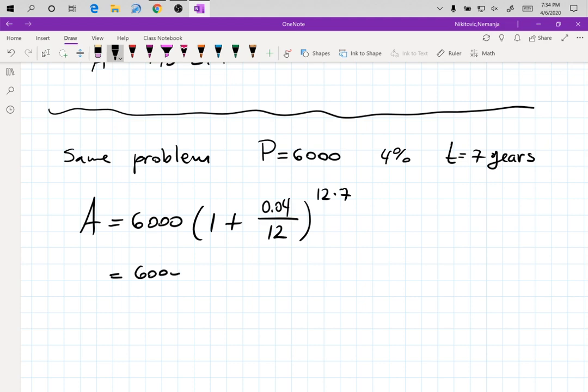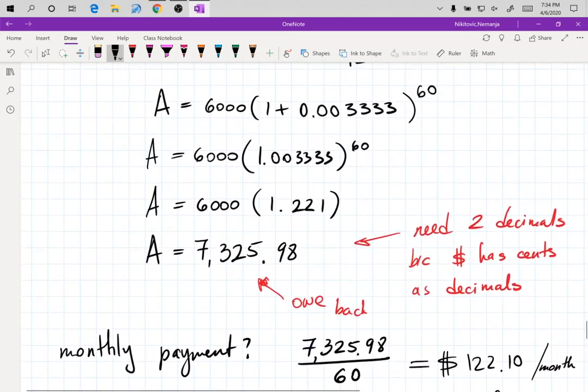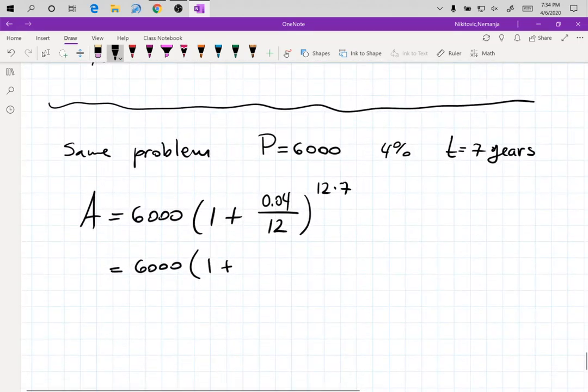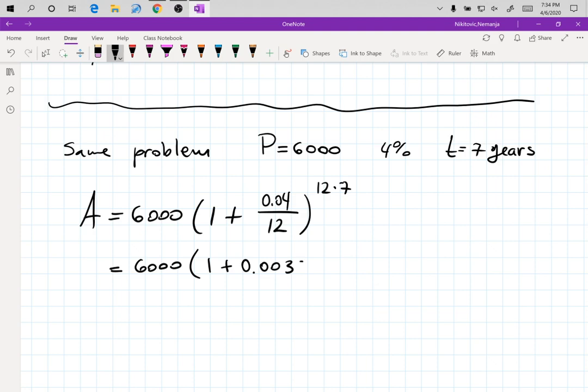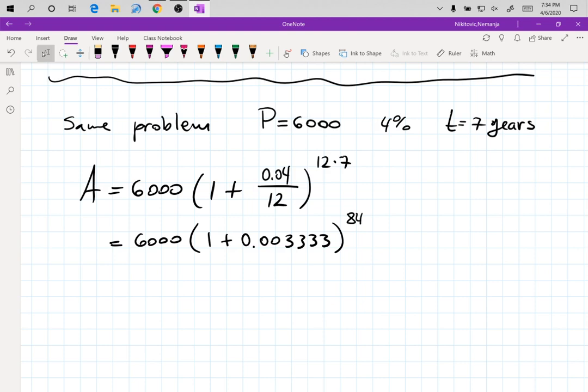All right, that's 6,000. 1 plus, this number doesn't change from before, so 0.003333, and now over here you have 84. So now you have 84 months payments rather than 60 months, right? Extra 2 years.